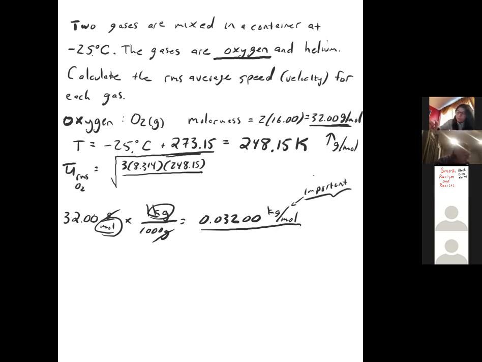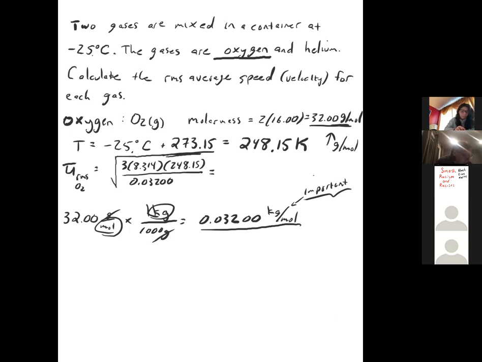So now we can use the equation. 0.03200. I'll go over the units in a moment just to show you. But now we've got all the numbers. So 3 times 8.314 times 248.15 over 0.032.